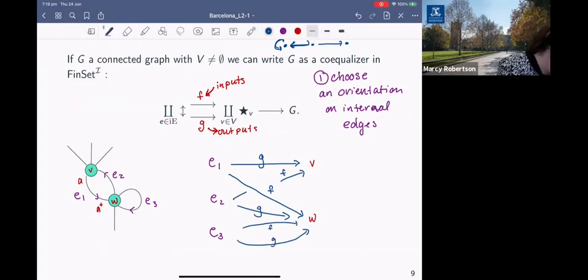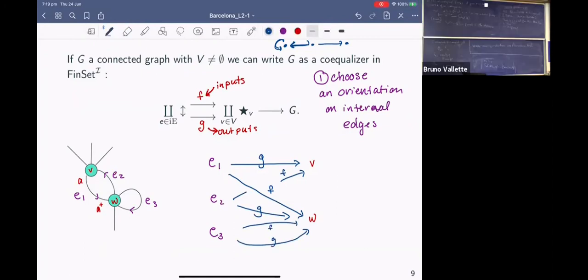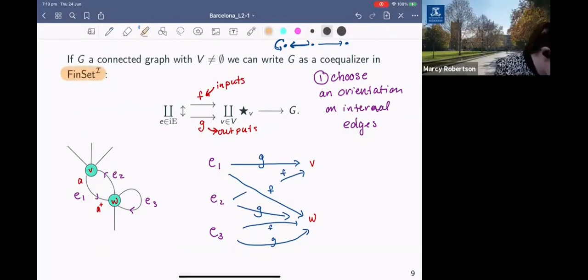And if you take this co-equalizer in this diagram category, G is what comes out.